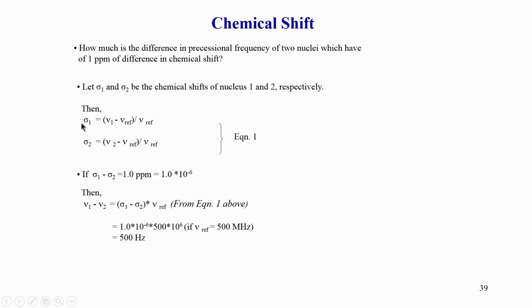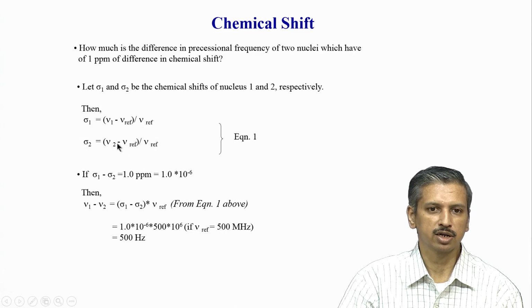For example, let us say I have two frequencies. The question here is how much is the difference if two nuclei have a 1 ppm difference in chemical shift value. Let us say one chemical shift value is sigma 1, given by this, which is the same as the formula in the last slide. Another proton has another chemical shift value, with the same formula, except that the only things changing are mu 1 and mu 2.